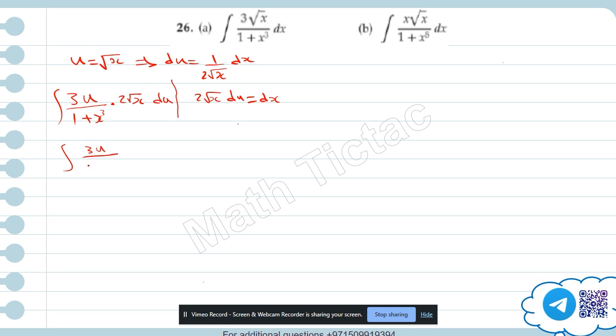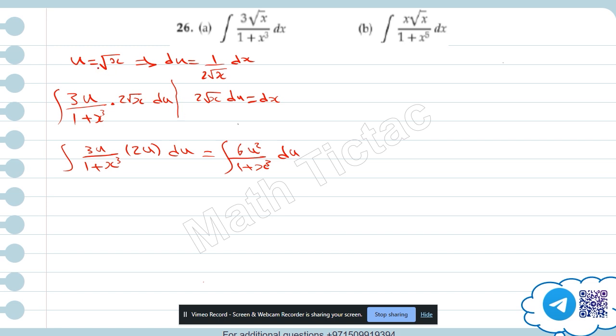Now, the integration of 3u divided by 1 plus x cubed, and instead of square root of x, I can put the value, which is u. So this is 2 times u du. Still, I have x cubed, I have to substitute. So this is equal to the integration of 6u squared divided by 1 plus x cubed du.